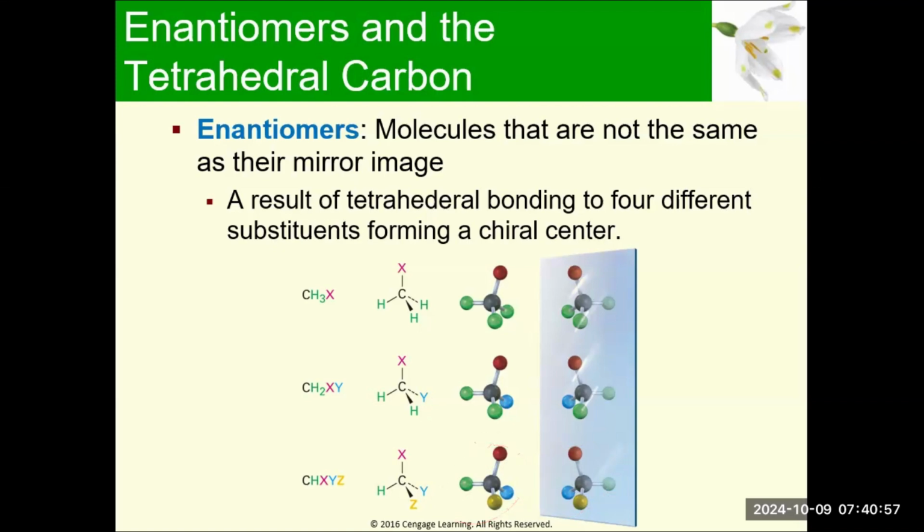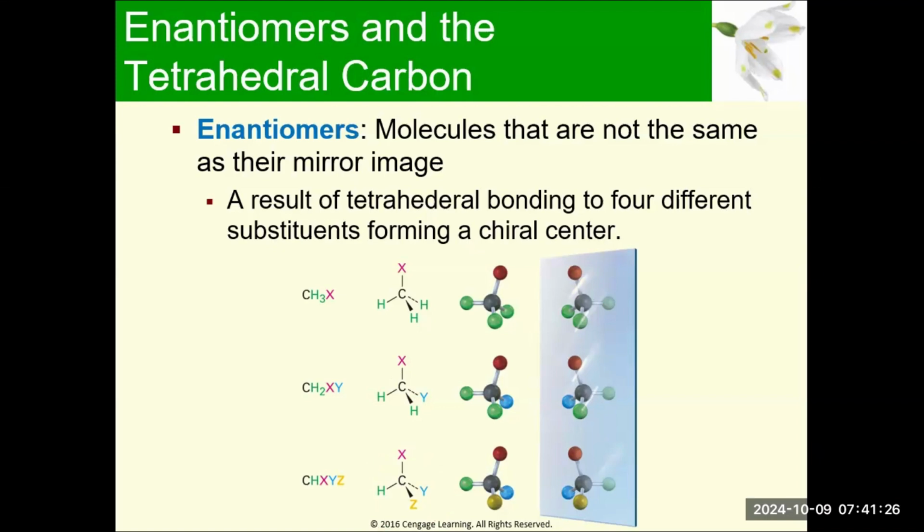And we're going to see that in real time in a second. However, if you're bonded to just 2 different things, as in the first one, they are superimposable. They can connect on top of each other. If you're bonded to 3 different things, but you have something that's the same, those are also not enantiomers because they don't have what we call chiral centers, and we'll talk about that more. But you have a chiral center when your carbon is bonded to 4 different things.